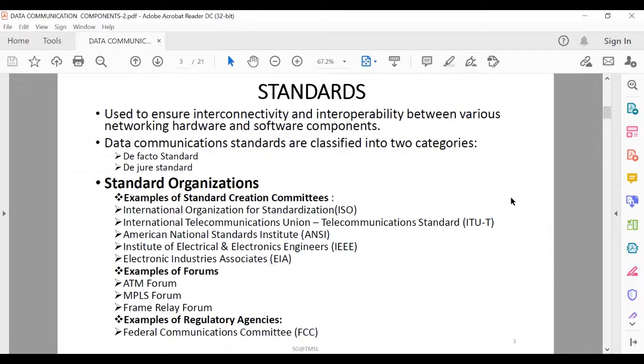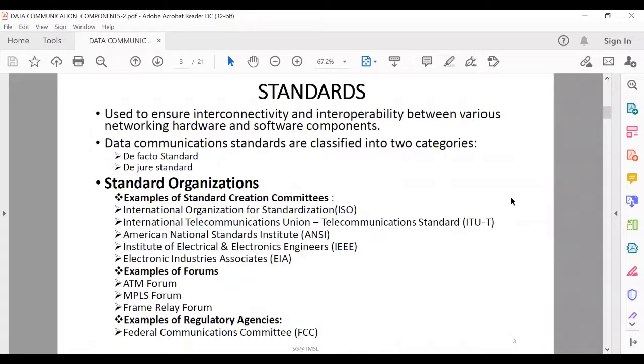Some standards organizations are the International Organization for Standardization, called the ISO. It is a multinational body whose membership is drawn mainly from the standards creation committees of various governments throughout the world. Another is the International Telecommunication Union Telecommunication Standards, in short the ITU-T.